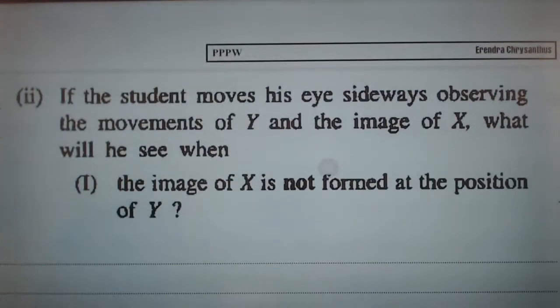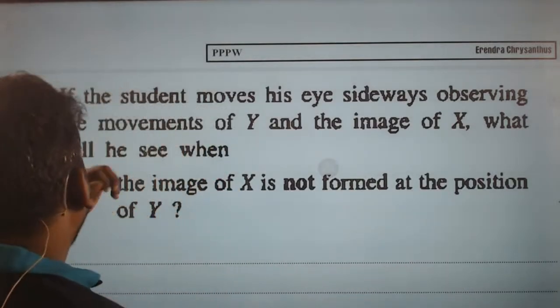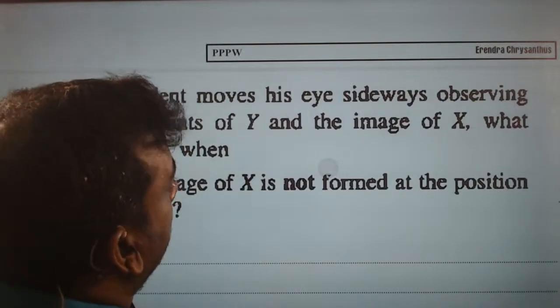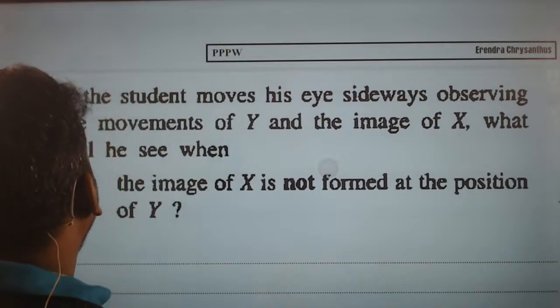If the student moves his eye sideways, we call this the lateral direction. The movement of Y and the image of X, what will he see when the image of X is not formed at the position of Y?